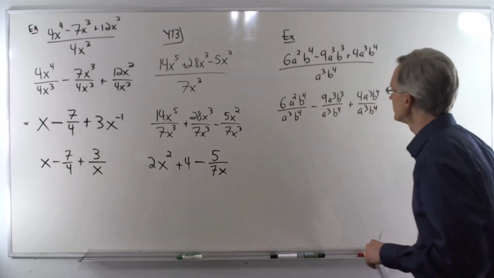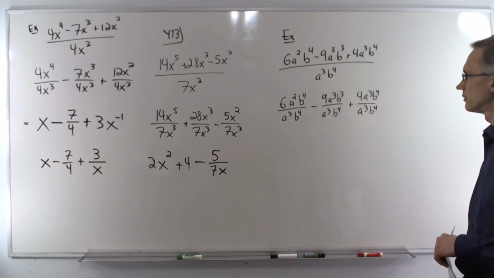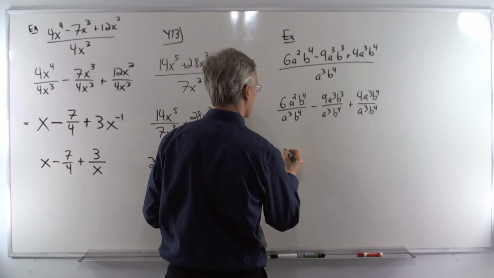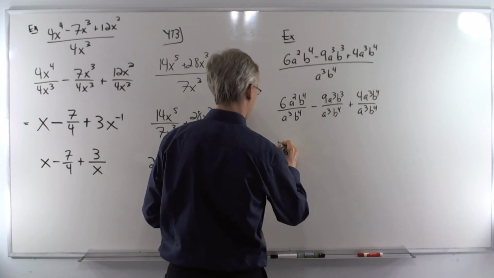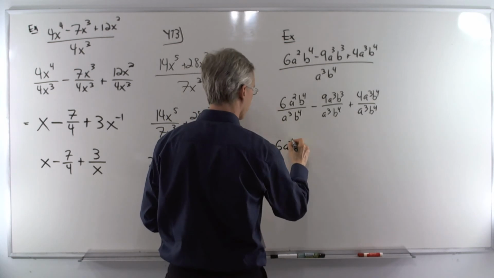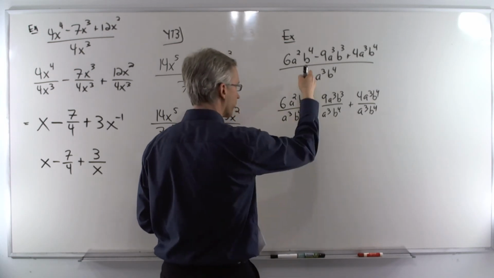All right, so there's our 3 separate fractions. Now we can do the division. Got 6 divided by 1 is 6. A squared over a to the third, that's a to the -1 power. B to the fourth over b to the fourth, those cancel.